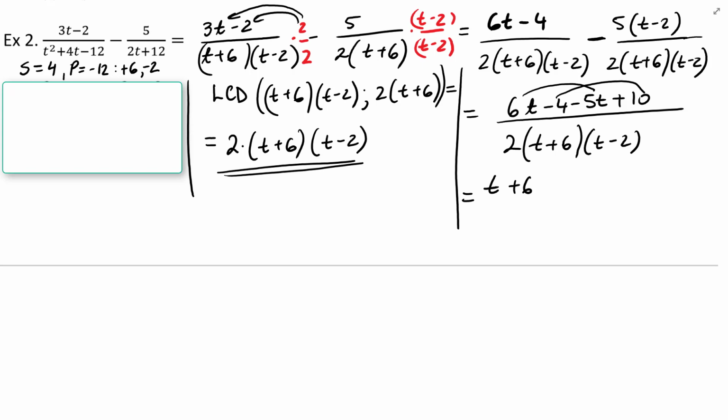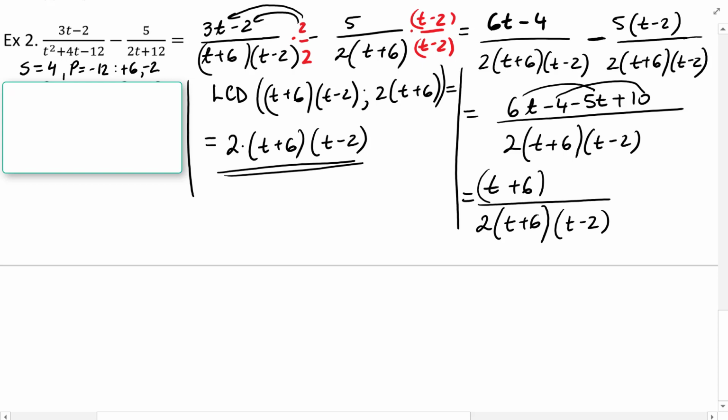And the denominator is 2 times t plus 6 times t minus 2. And we notice that this quantity t plus 6 is the same as the factor t plus 6 from the denominator. So t plus 6 cancels with t plus 6 and we are left with 1 at the numerator. So we end up with 1 over 2 times t minus 2. This is the final answer of example 2.